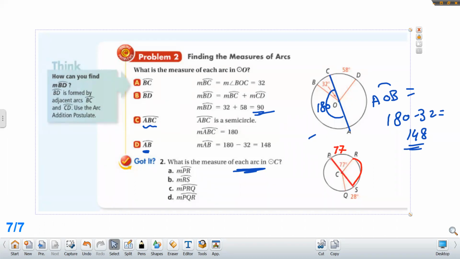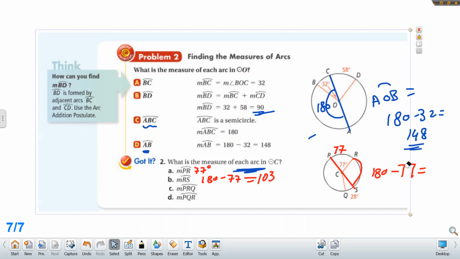This is a semicircle, so it is 180 minus 77. You can calculate it, it's very easy. The answer here is 103. Why am I using the semicircle? Because this is my given, which is very easy to know.